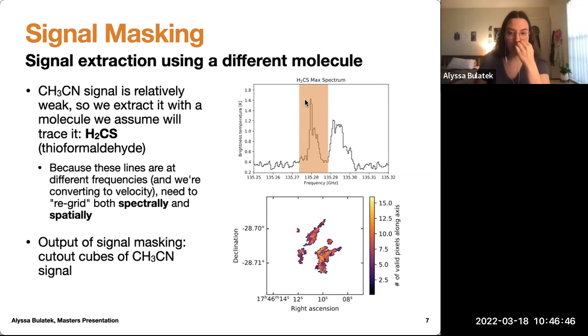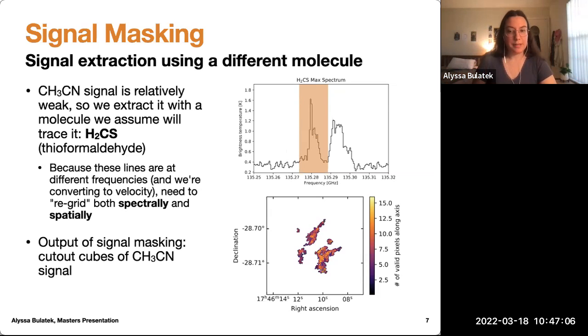So it was a lot easier for us to take the thioformaldehyde emission, essentially say where the molecule is in velocity and spatial space, take a mask from that and plop it right onto the methylcyanide cube to extract that signal.